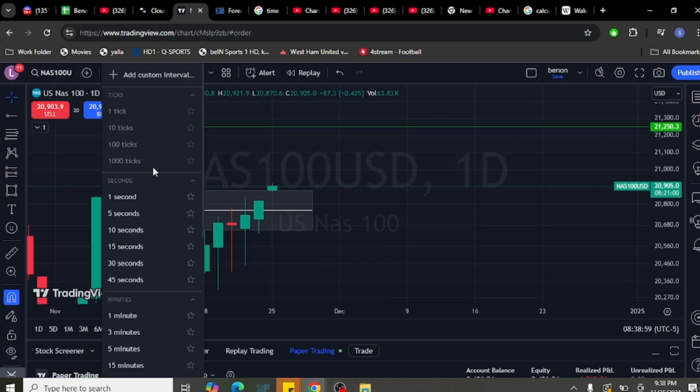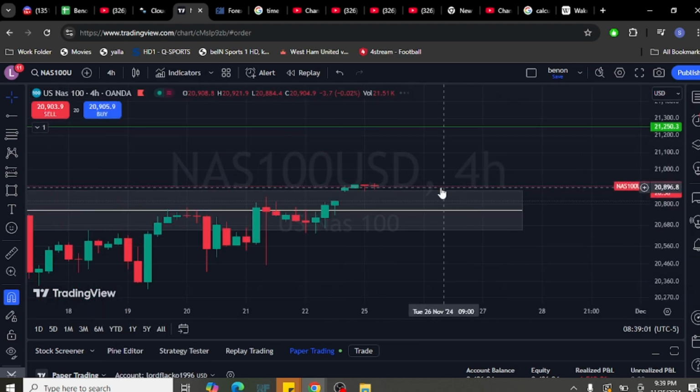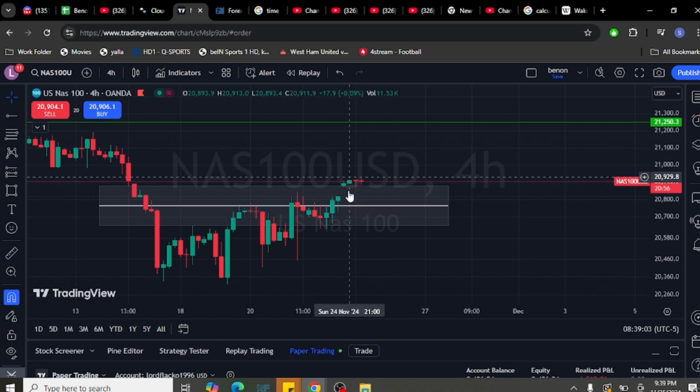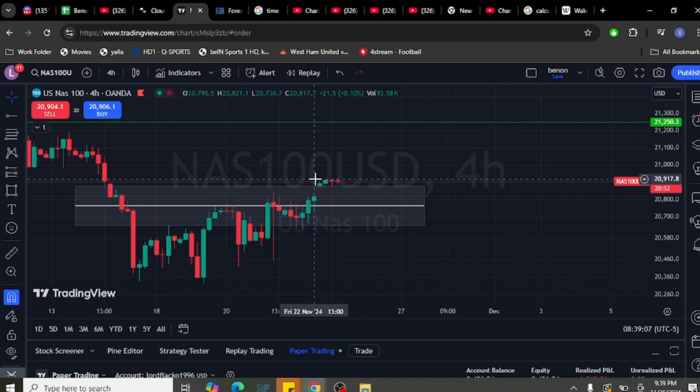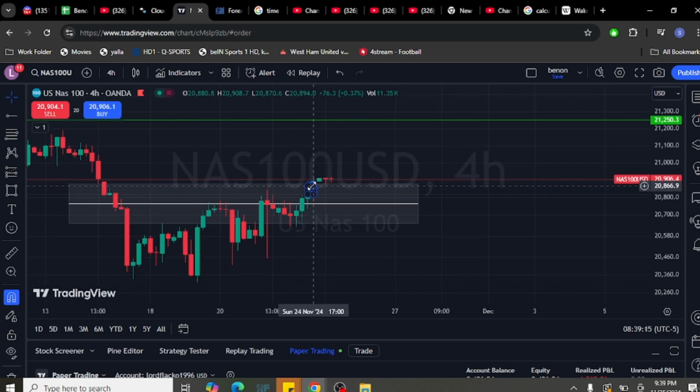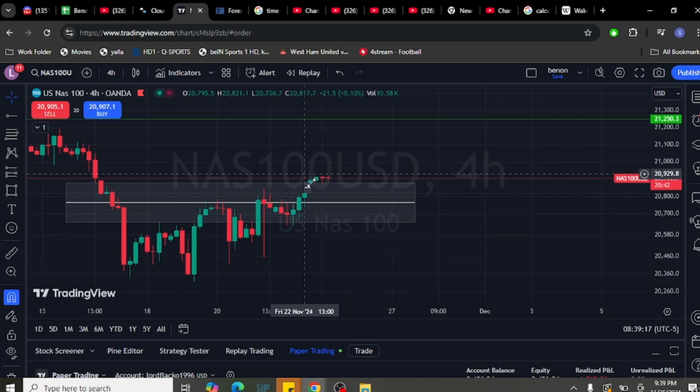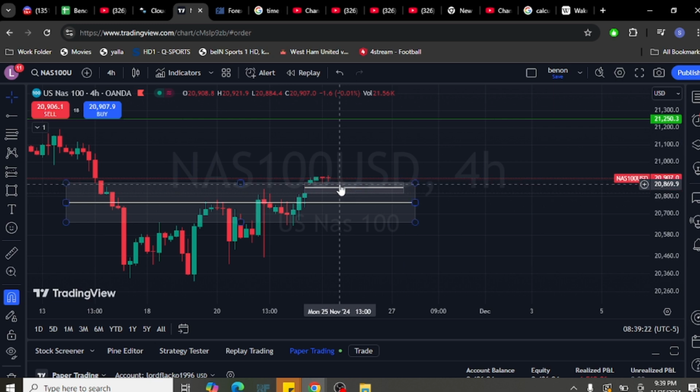But then if I go to the 4 hour, on the lower time frame, we opened up with a gap here. So this gap, let me mark it. Opening with this gap means we are probably going to have to test it again, or at least 50% of it.